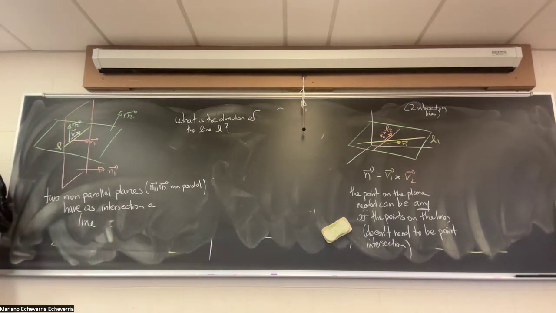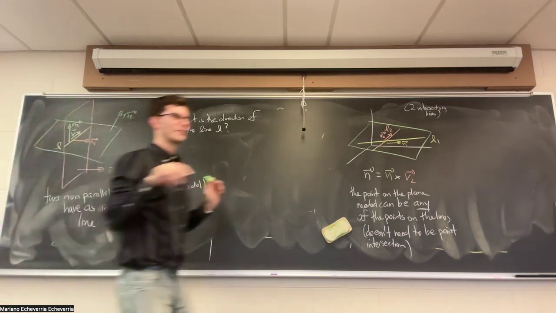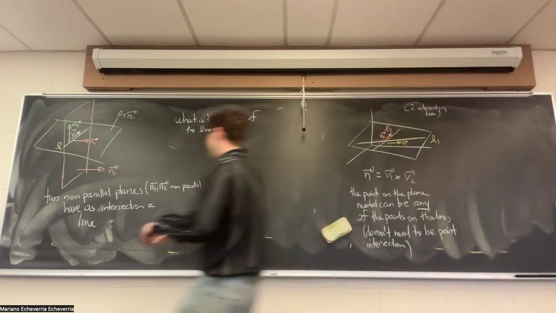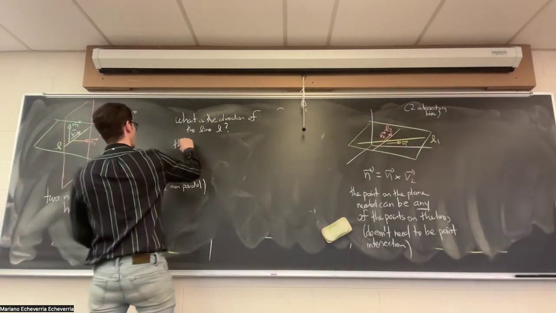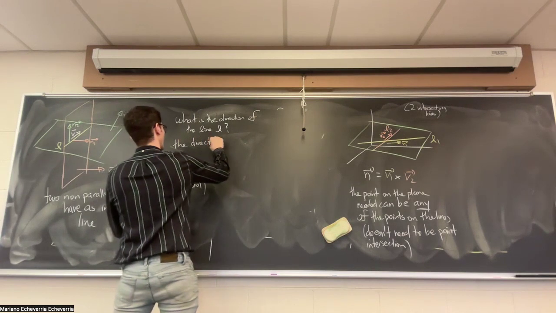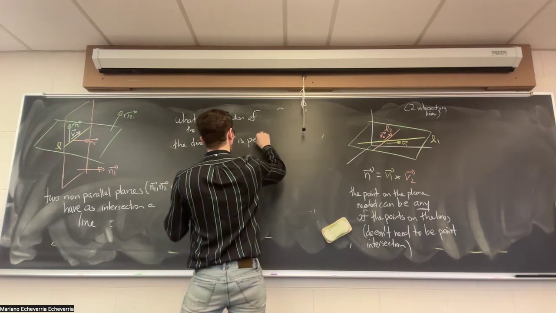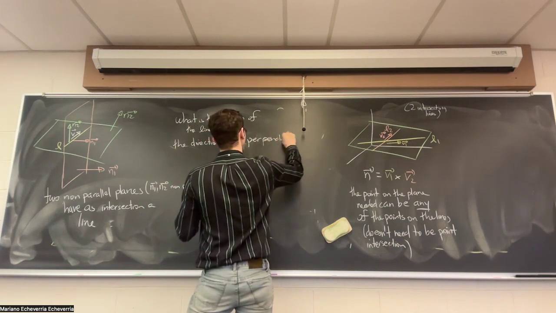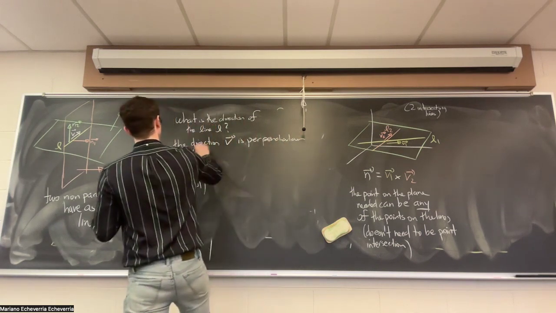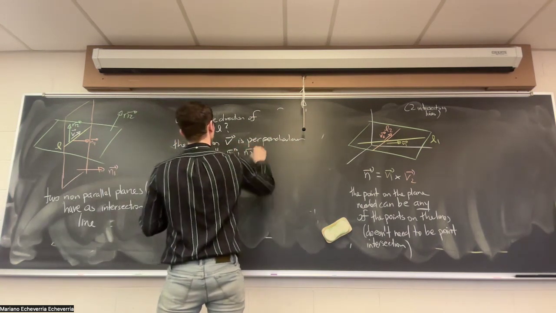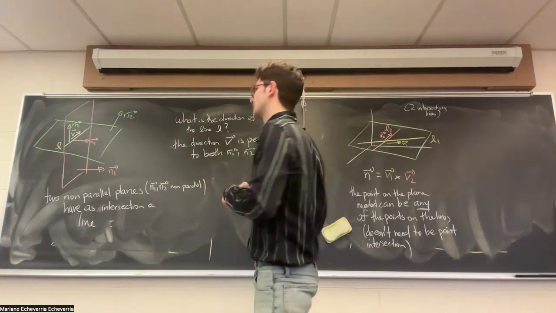So we're after a vector that's perpendicular to two vectors that I know. How can we create a vector that's perpendicular to two vectors that you know? Yeah, the cross product. That's a nice thing here. So the direction V is perpendicular to both N1 and N2, so you can take it as a cross product.